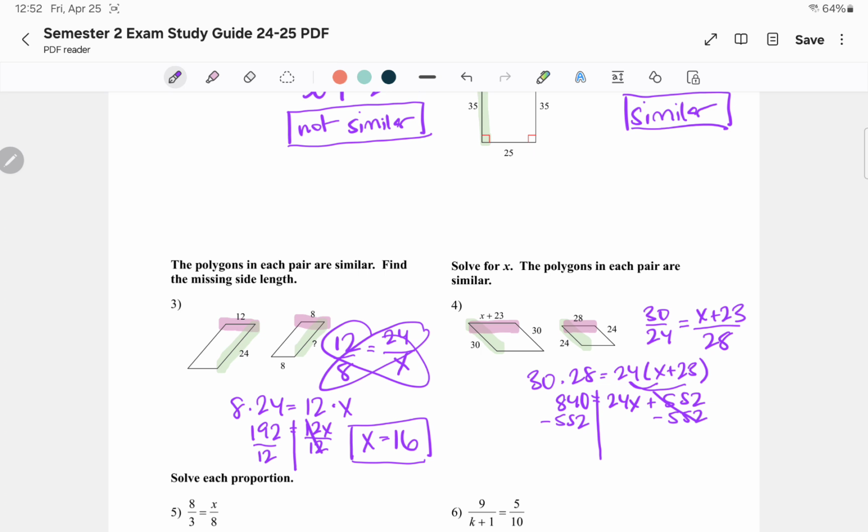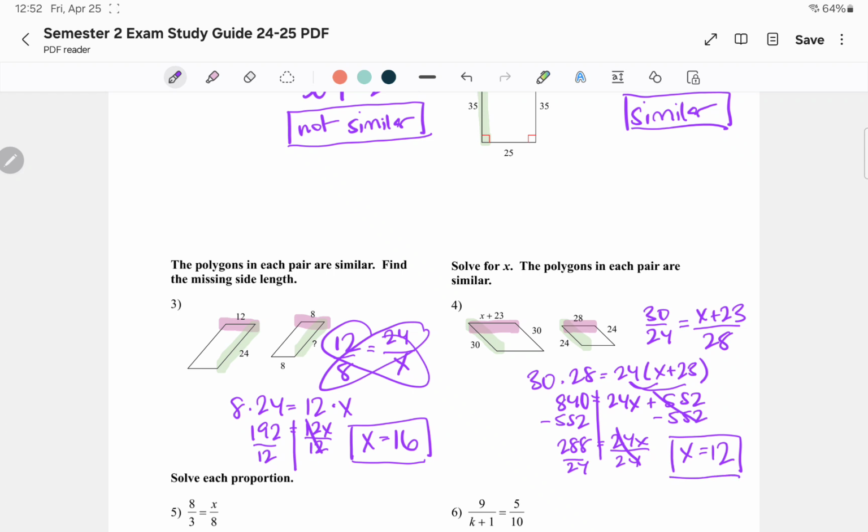So 840 minus 552 is 288. That's equal to 24x. And my last step is dividing by 24. So when I divide by 24, x is equal to 12.